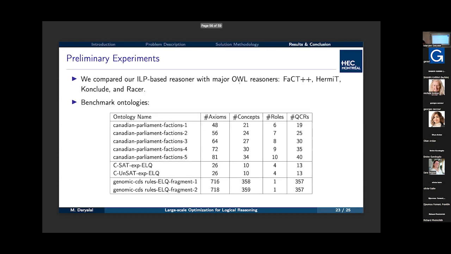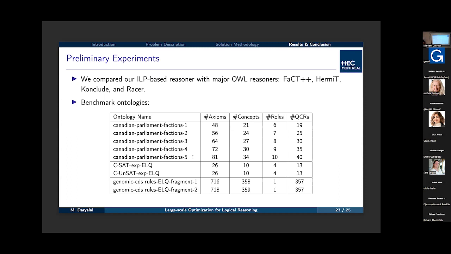So, some preliminary experiments. We compared our reasoner against these reasoners: HermiT, ConDOR, and Racer. These are inside that software that I briefly showed some screenshots of. And we used these benchmark ontologies. This one is a variation of a real ontology that represents the Canadian Parliament.